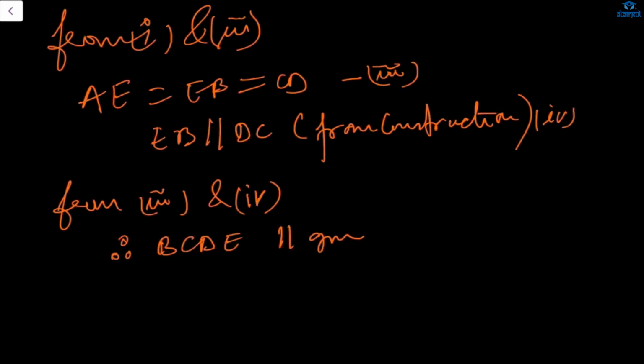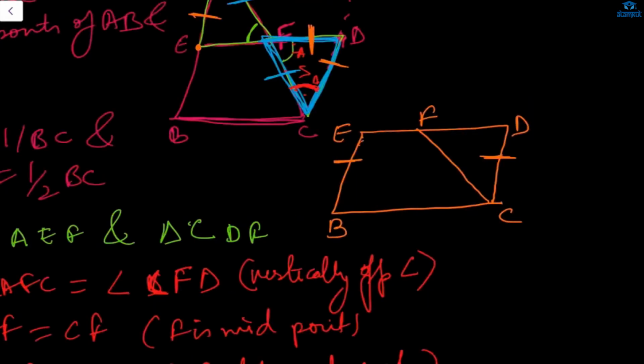Any doubt till here why BCDE is a parallelogram? Because one pair of sides of BCDE is parallel and equal, so we can say that it is a parallelogram. We have already proved this theorem when we were studying the properties of the parallelogram.